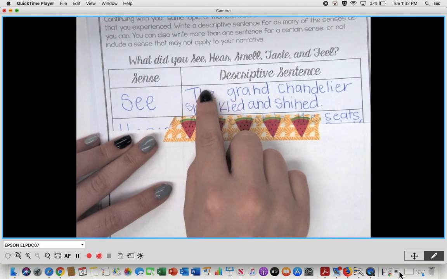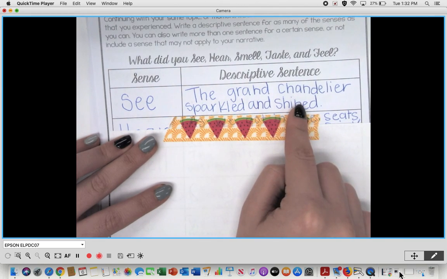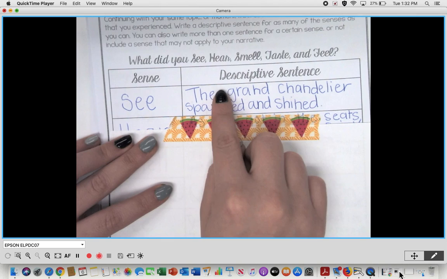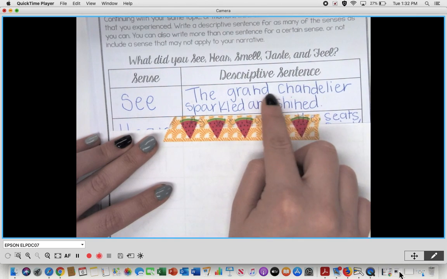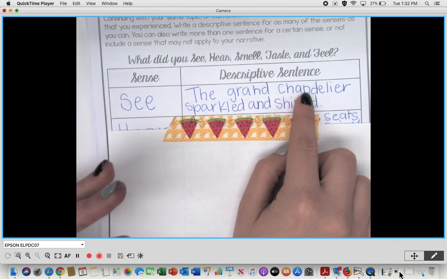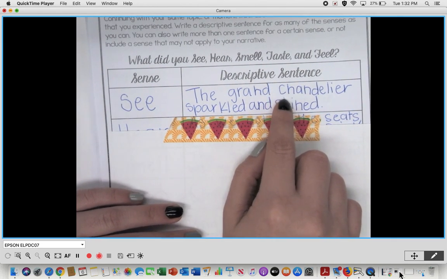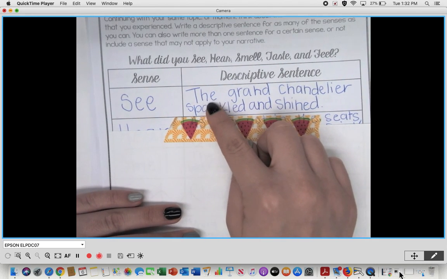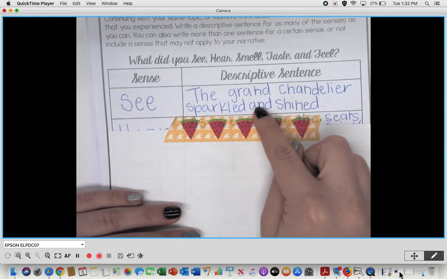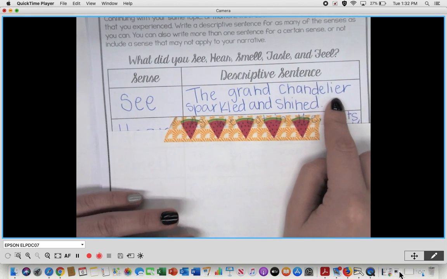So I said the grand chandelier sparkled and shined. So here I'm using way descriptive adjectives to help the reader kind of imagine what it is that I'm talking about. So when I first walked into the building, I'm talking about the grand chandelier sparkled and shined. And so it's almost like I'm there and I can see it myself.